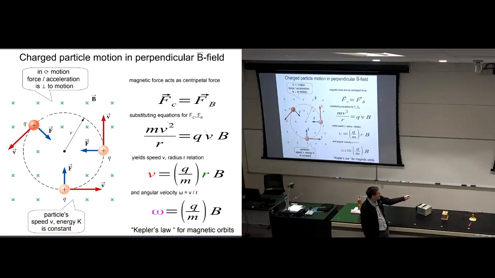If you remember, you've got a better memory than me, back to 211, what is centripetal force? It's the force you need to execute circular motion. It depends on how fast you want to execute the circular motion, the radius of the circular motion, and the mass of the particle executing the circular motion. It is mv squared over r. So I just plugged in these.